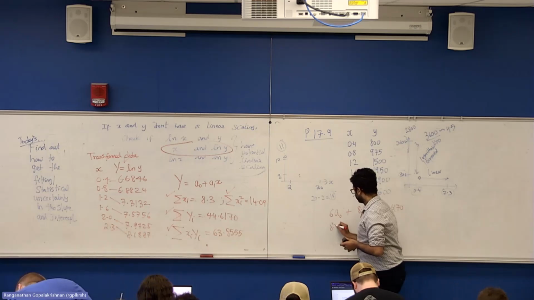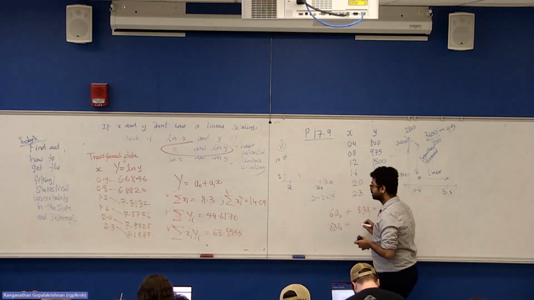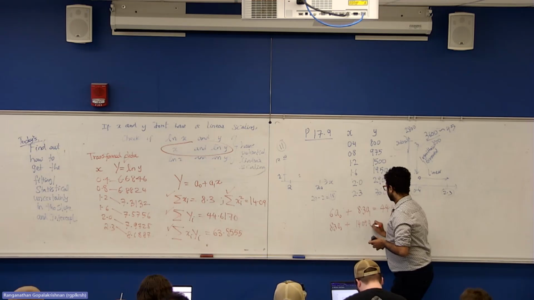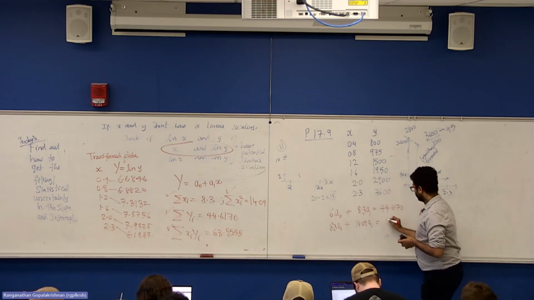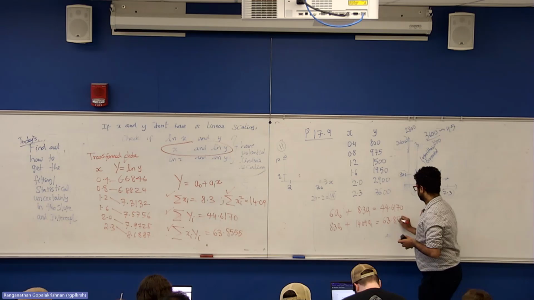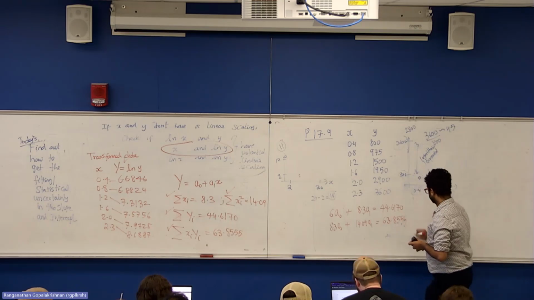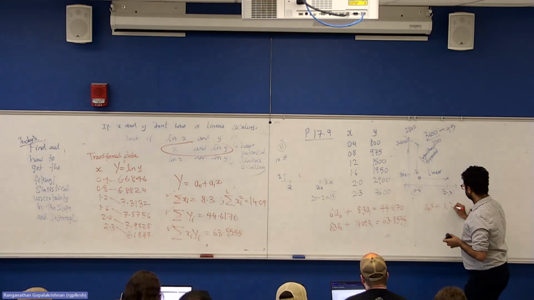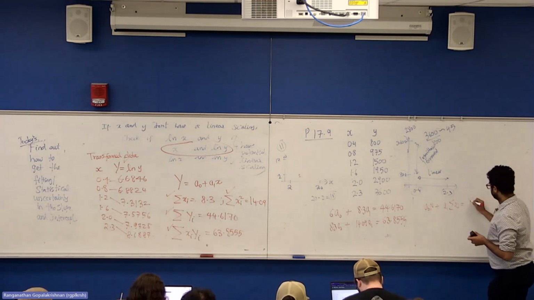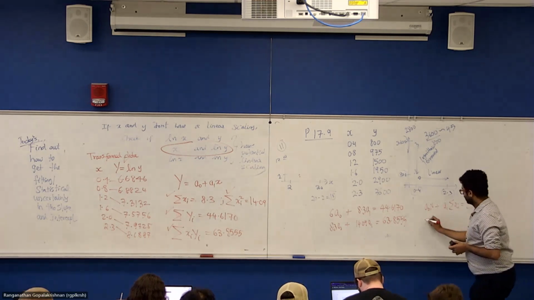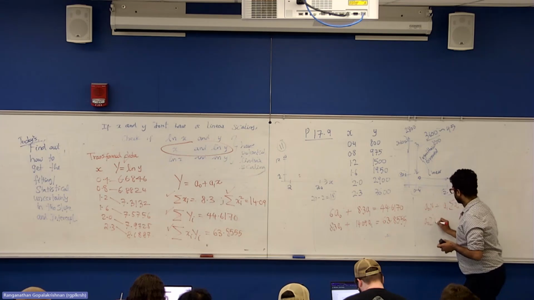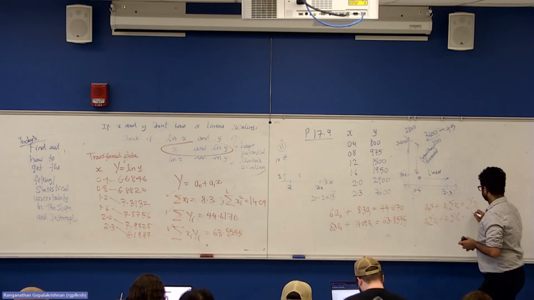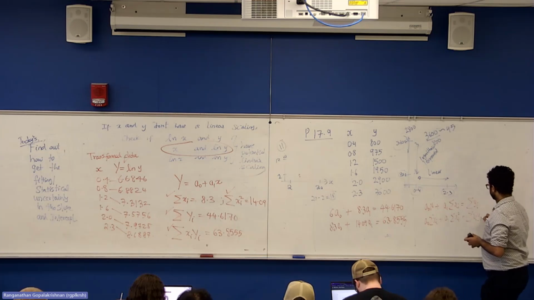And then 8.3 A0 plus 14.09 A1 equal to 63.8555. That is A0 n plus A1 sigma xi equal to sigma yi, A0 sigma xi plus A1 sigma xi squared equal to sigma xi yi.